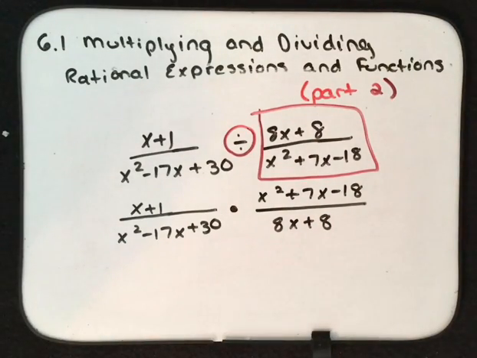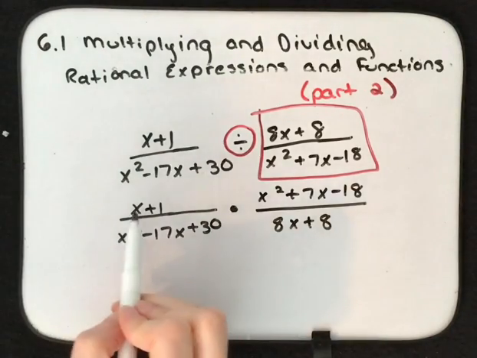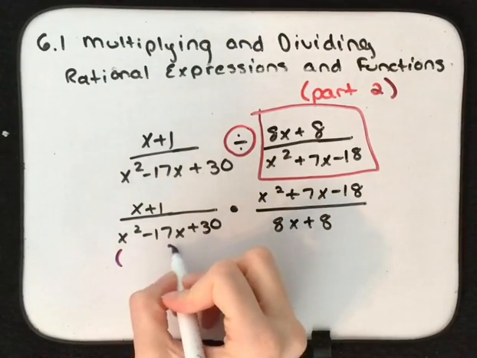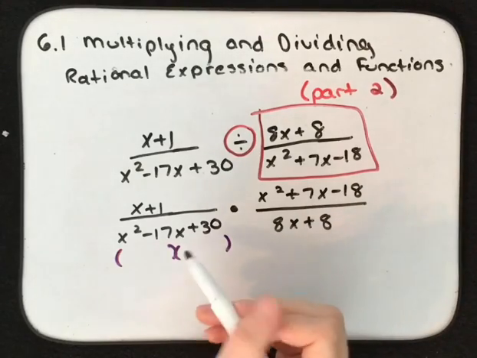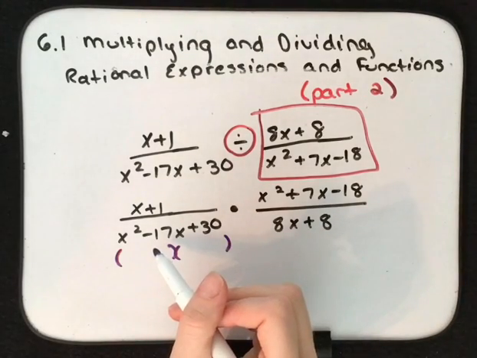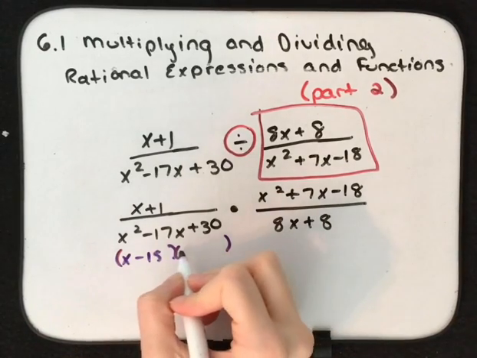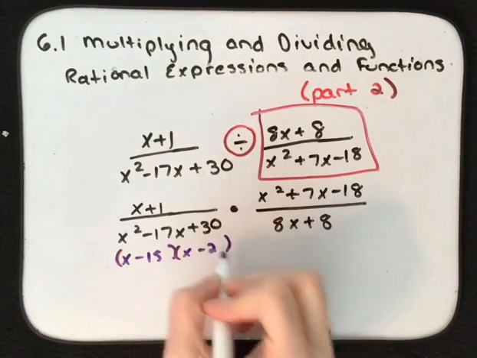Now we need to see what we can factor so that we can try to do some canceling. X plus 1 right here, that's fine. Nothing changes there. Let's try to factor this one. I need two numbers that multiply to 30 and add to negative 17. So we have x minus 15 and x minus 2.